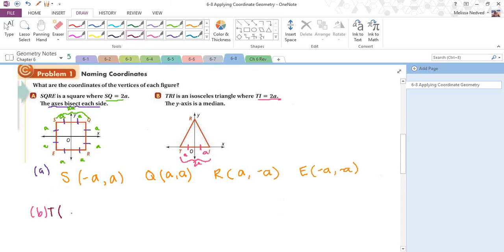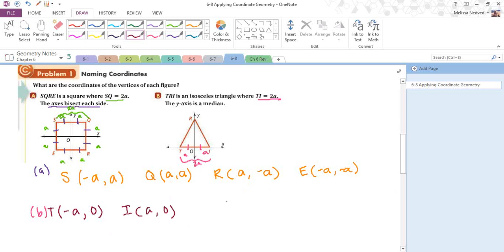So T, since it is along the negative x-axis, is going to be negative A units to the left and up or down 0. So T is going to have the coordinates (-A, 0). Similarly, if we look at I, also along the x-axis, but the positive x-axis, it's going to have the coordinates (A, 0), and again, has not gone up or down along the y-axis.